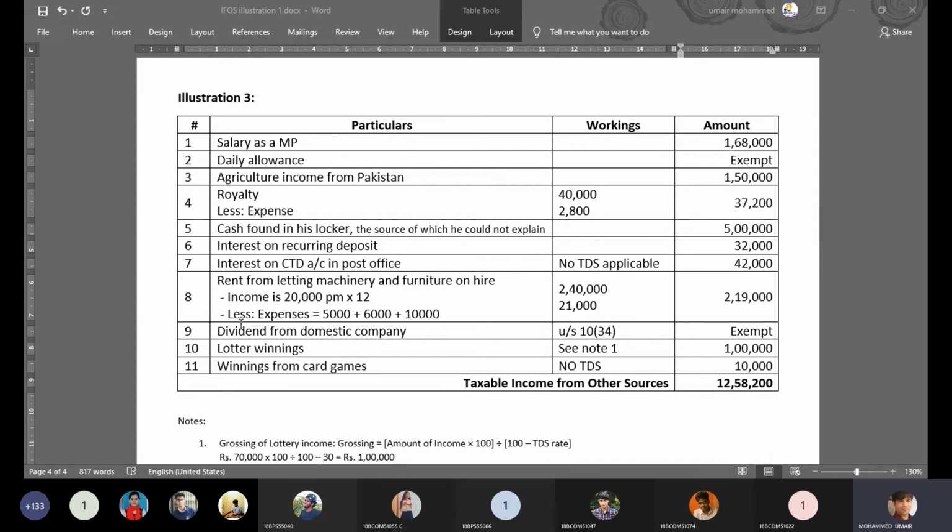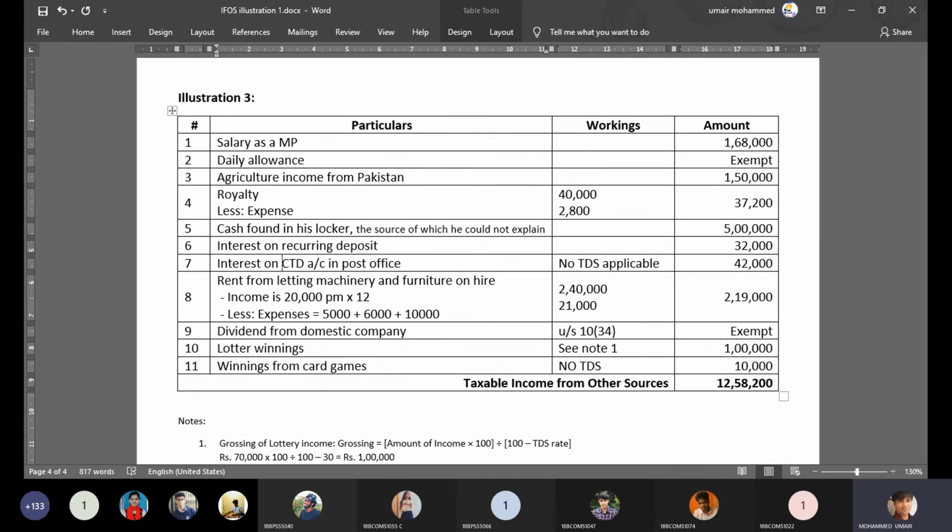This TDS is applicable only for bank deposits, which includes your recurring deposit, fixed deposit. But in this example, we also have one post office cumulative time deposit. So for that, the concept of TDS itself is not applicable. TDS is a concept where the provider of income is liable to deduct tax from the person receiving the income and give it to the income tax department.